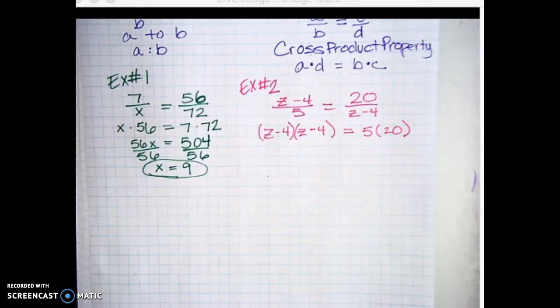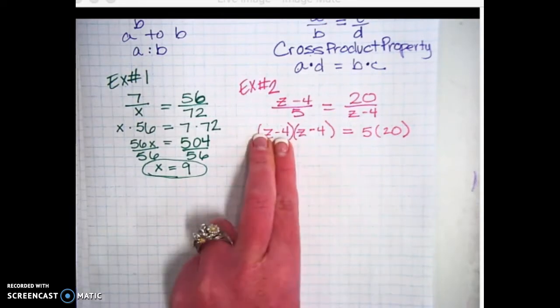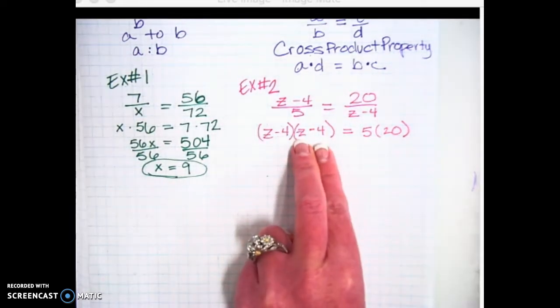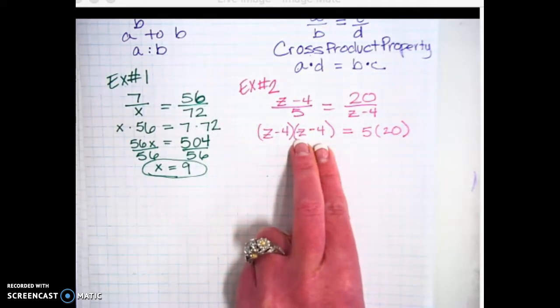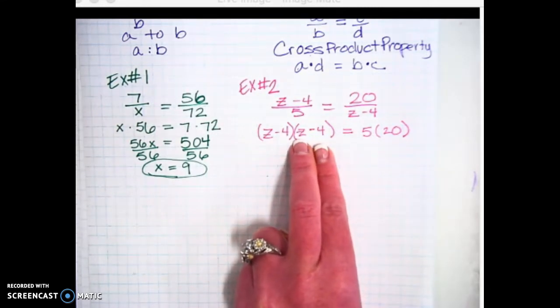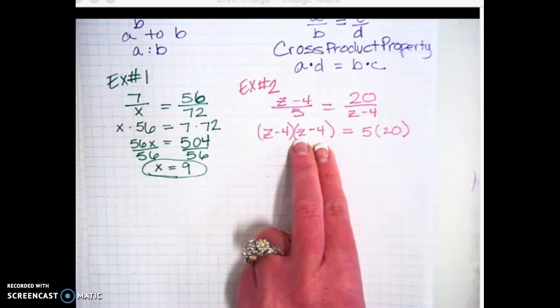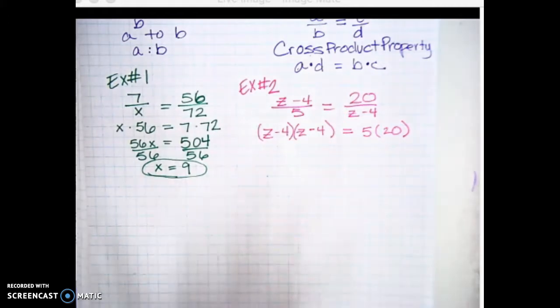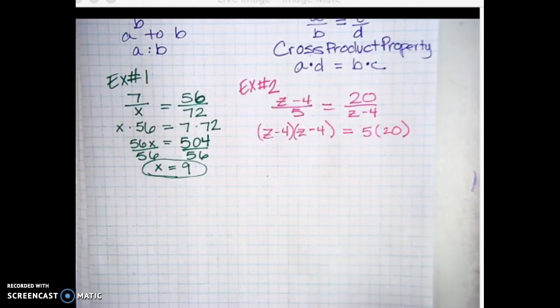Does anybody know what to do on the left with the z minus 4 and the z minus 4? Okay, so you would distribute, but because there's a binomial and a binomial, meaning 2 terms and 2 terms, you need to distribute more than once. You need to do what's called double distributive, okay? And we often refer to it in, think back to your algebra class, as the what, like there's an acronym.